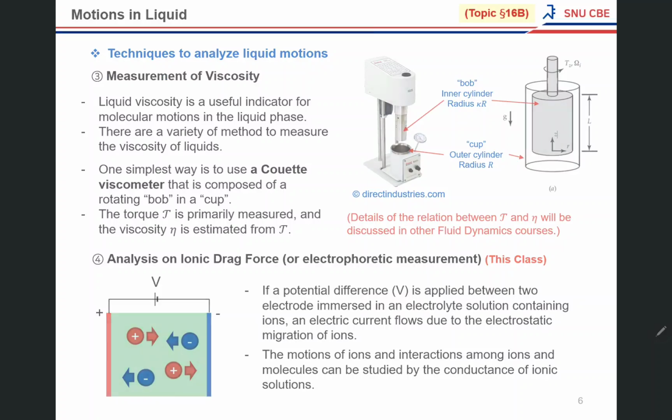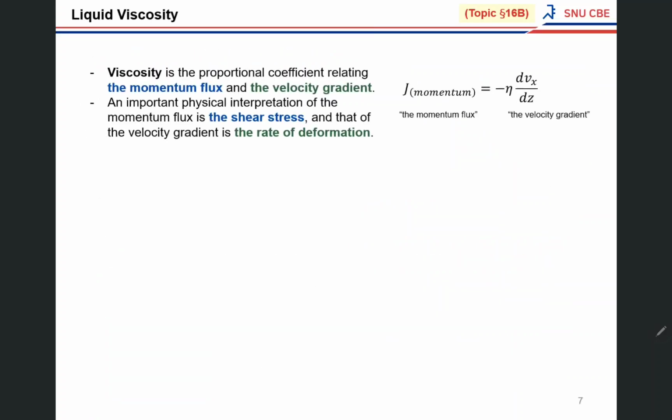So let me tell you about the liquid viscosity. We have seen the phenomenological equation, which is called Newton's law of viscosity. This is true both for the gas and liquid phase, as long as the fluid follows the Newtonian behavior.